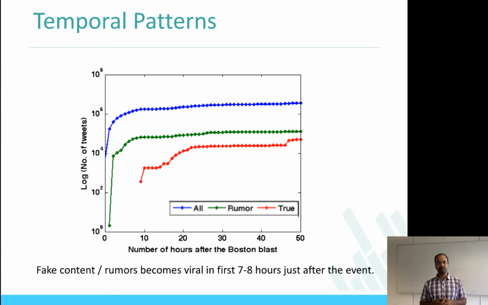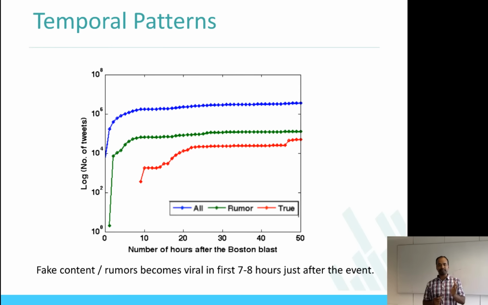This shows there are multiple things one can look at. One, how do you reduce the time in which the true information comes, which is currently about 9 hours or so? How can you get true information onto the social network as early as possible? The other solution is how you can quickly reduce the false information going on social media.